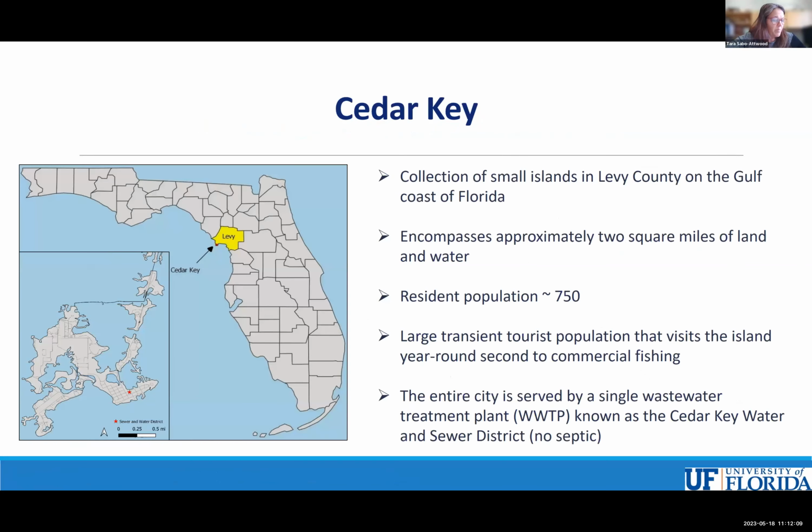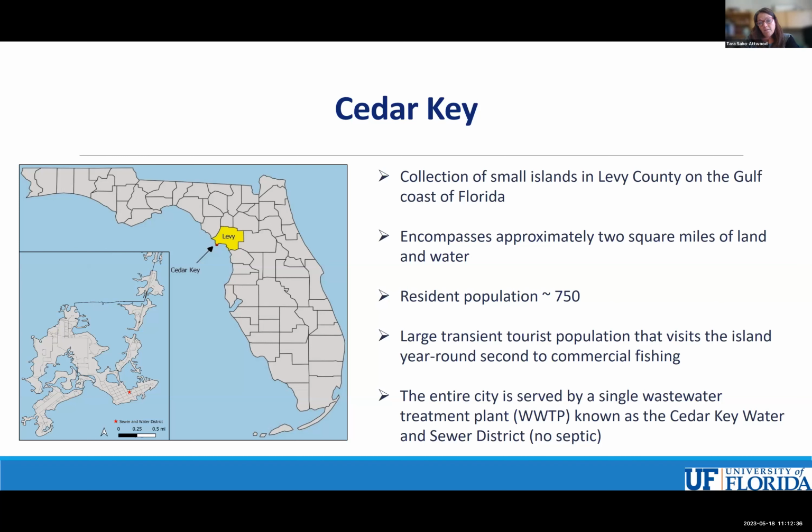So we embarked on a partnership with Cedar Key, and this was back in 2020. Cedar Key is in Levy County. It's on the Gulf Coast of Florida. It's a series of small islands that's about 2 square miles. And the resident population is about 750. So really small population in this region.